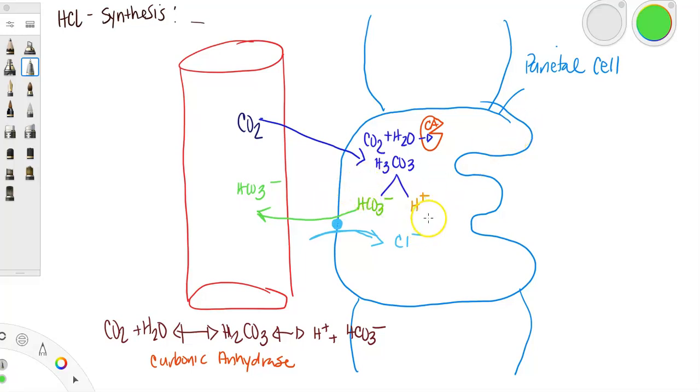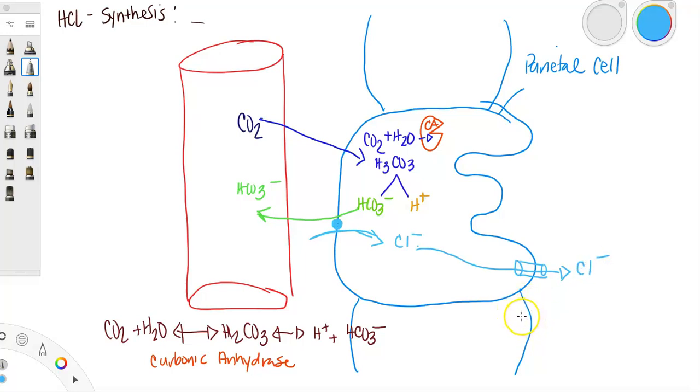Okay, the chloride, once it is in, it has a channel that it can go. It will go through this channel into the lumen of the stomach.